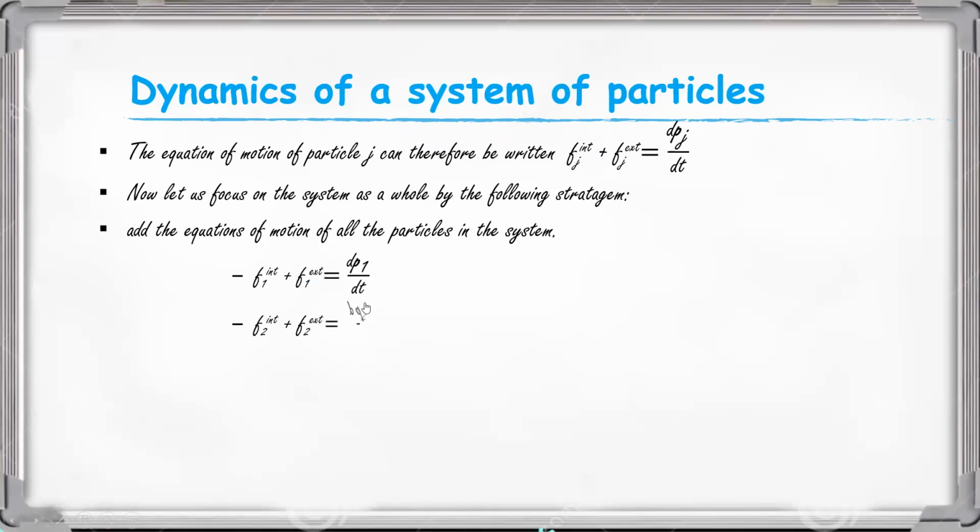For the second particle, F2 internal plus F2 external, that is equal to dp2 by dt, etc. Fn internal plus Fn external, that is equal to dpn divided by dt.